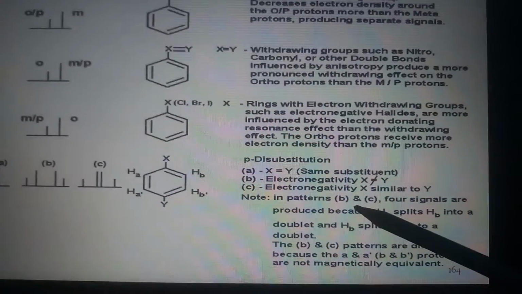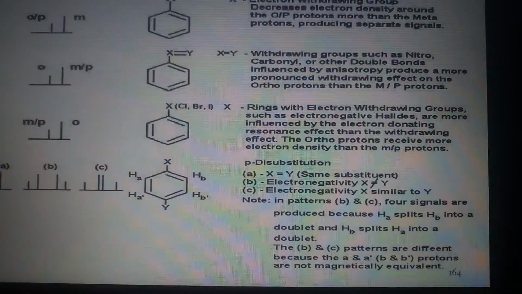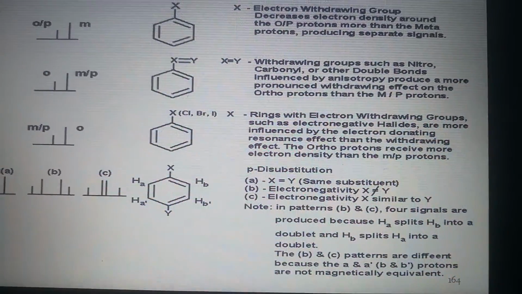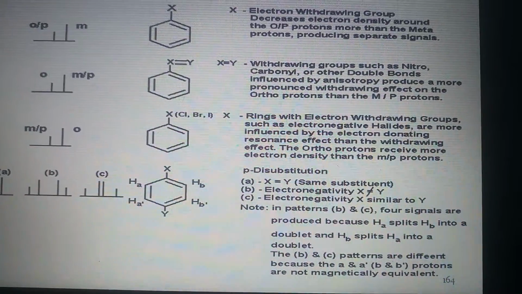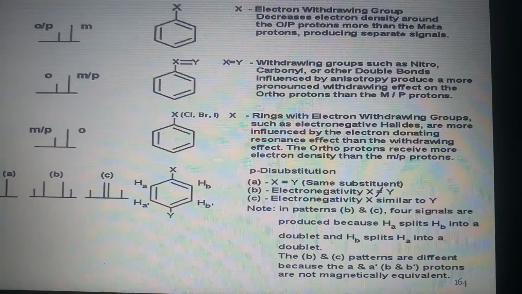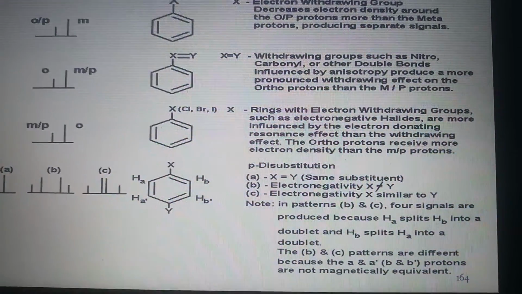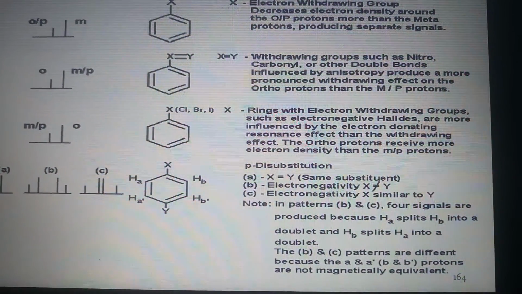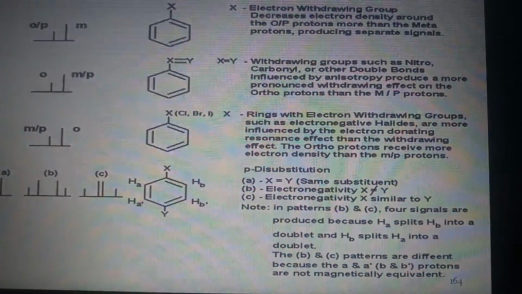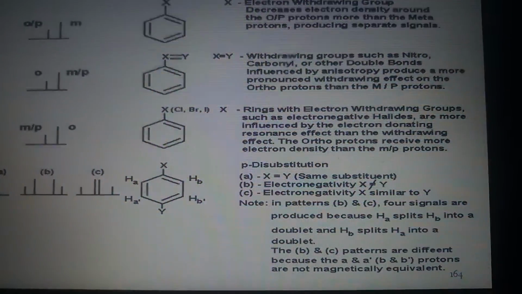In patterns B and C, 4 signals are produced because HA splits HB into a doublet and HB splits HA into a doublet. The B and C patterns are very different because the A and A dash, also B and B dash protons are not magnetically equivalent.